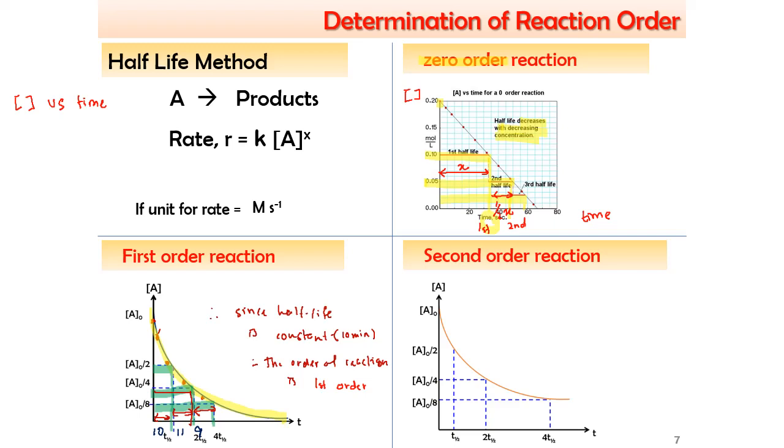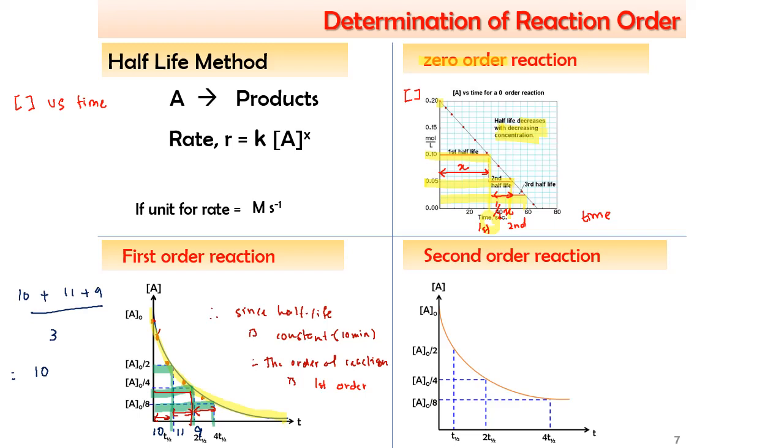So what you can do here, okay, let's say you want to deduce whether it is first order ataupun second order. So apa yang kamu boleh buat here is you take the average, so 10 plus 11 plus 9, and then divide it by 3 to get the average Half-Life. So when you get the average Half-Life is near to the number of Half-Life for each.